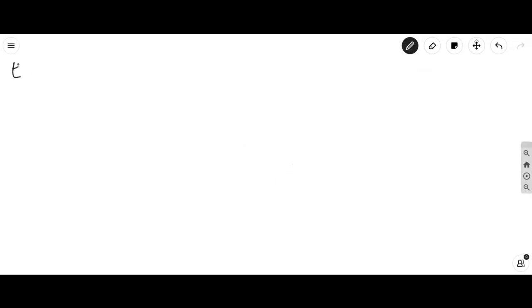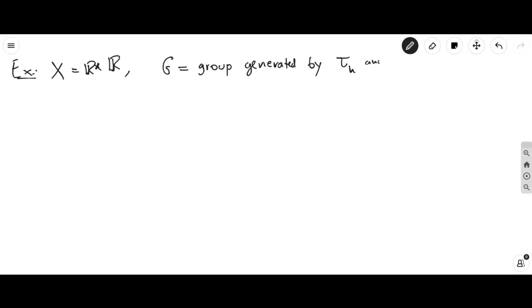So in this example, our topological space would be the real plane. So this is the real plane. And G is going to be the group generated by, let's call them, tau h for horizontal and tau v for vertical.